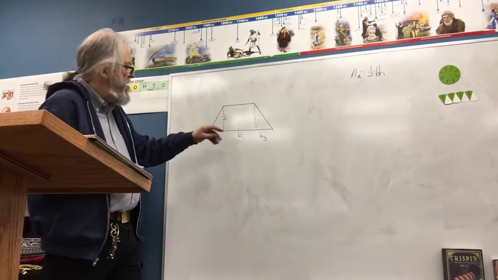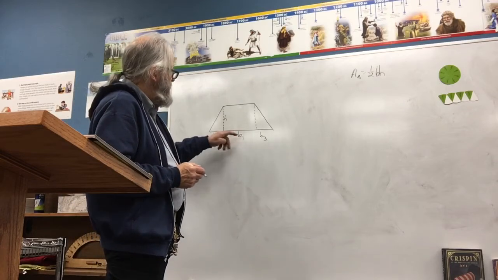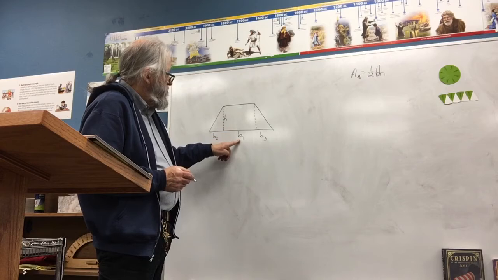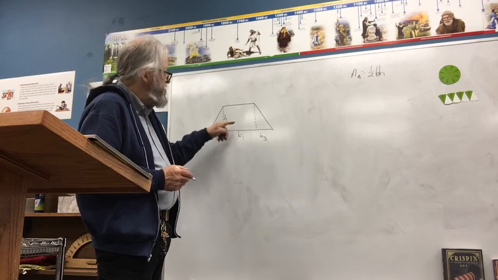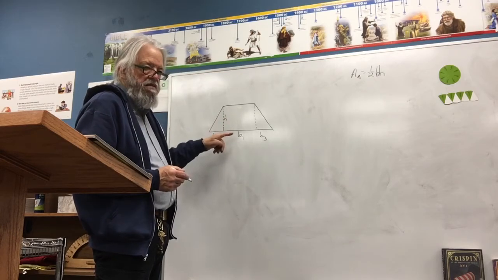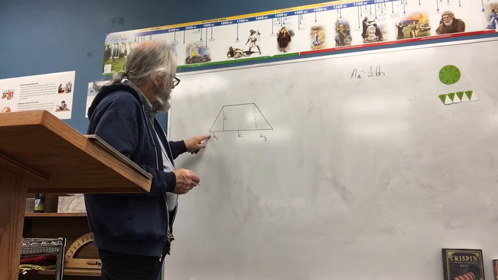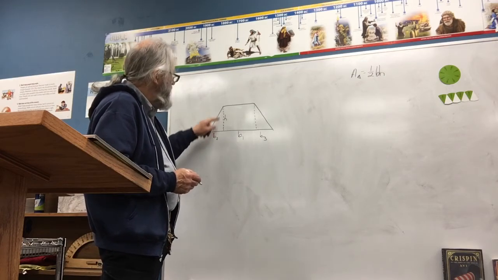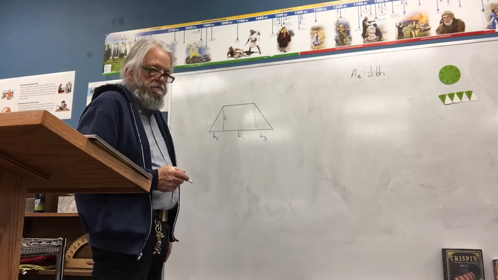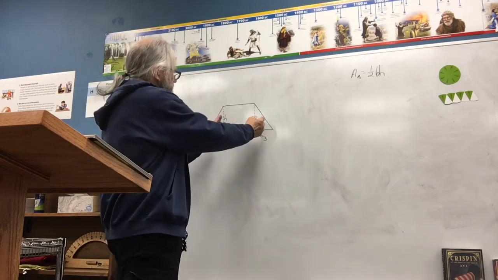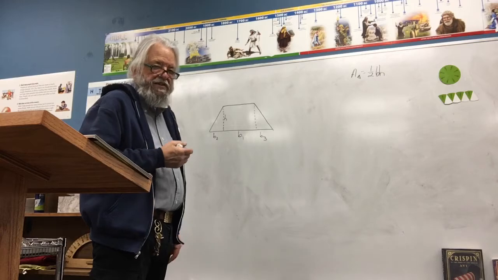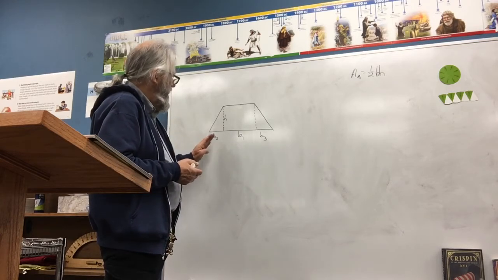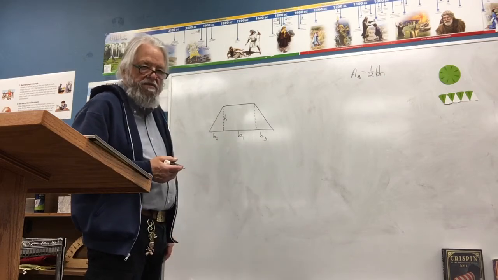So now I could find the area of this part by base 1 times the height. I could find the area of this piece by base 2 times the height. Now, if these are exactly the same size, I could do 1/2 the base times the height.